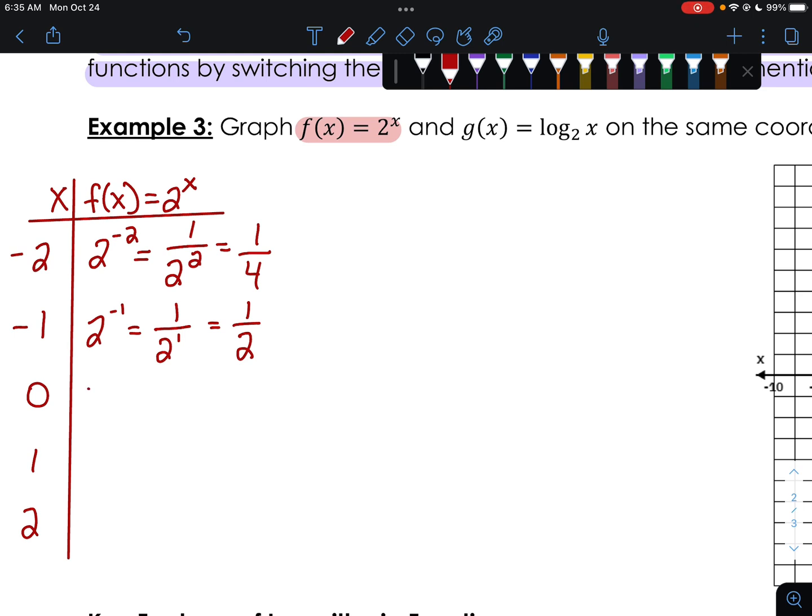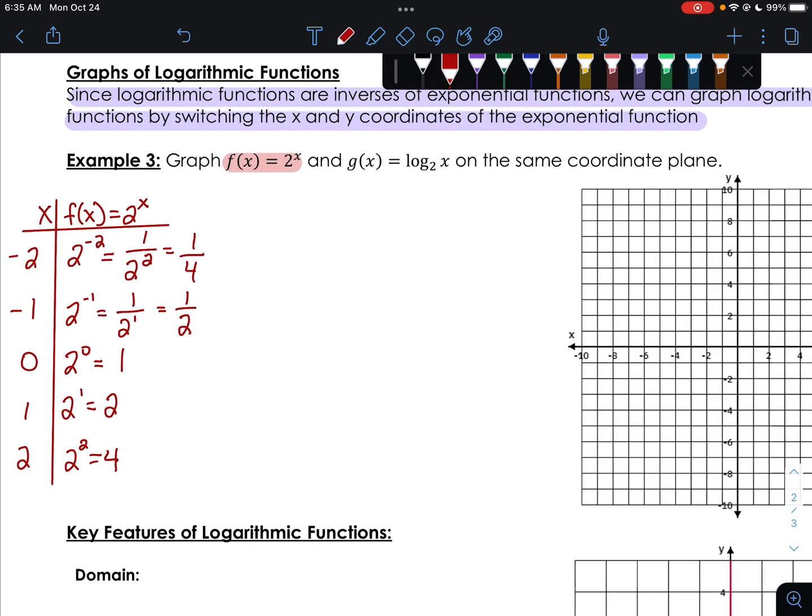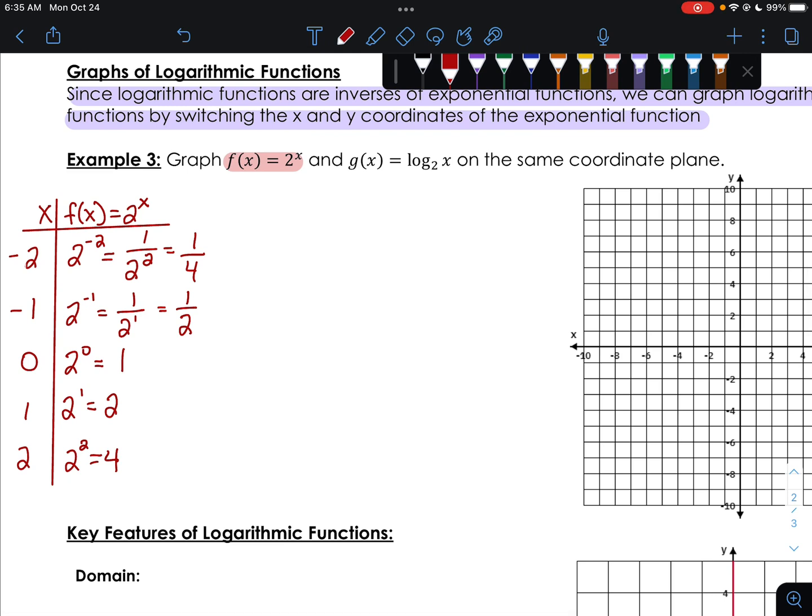I have 2 to the 0 power, which is equal to 1 because any number except 0 to the 0 power is 1. Then I have 2 to the 1st power, which is 2, and 2 to the 2nd power, which is 4. So I'm going to go ahead and plot those points. So I have -2, 1/4, which is about right there.